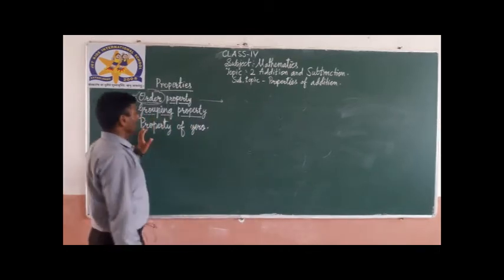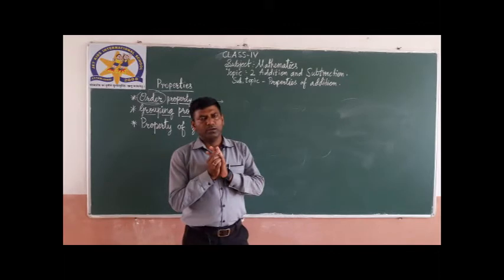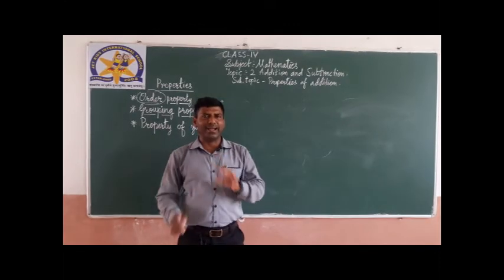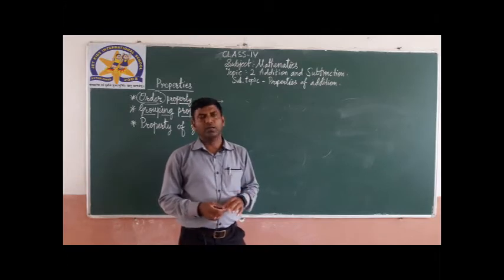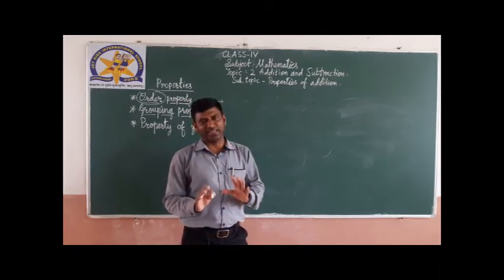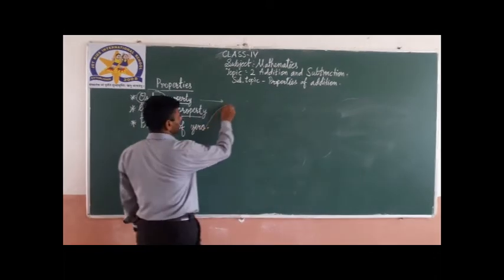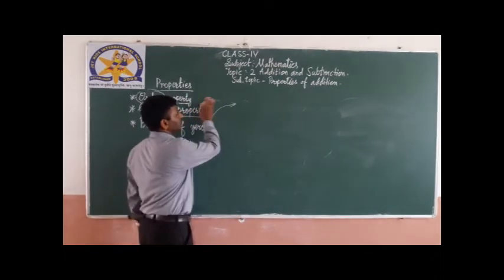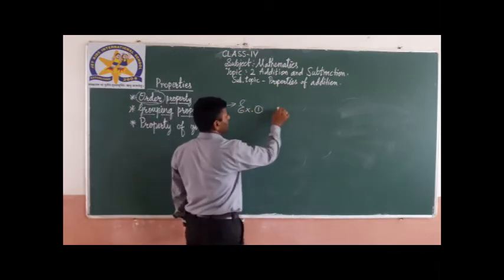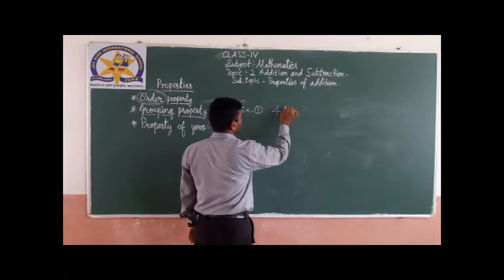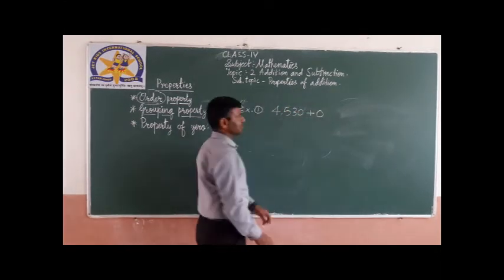Third property, property of 0. It's very easy. When we add 0 to a number, the sum is always the number itself. It's very simple. For example, 4530 plus 0.